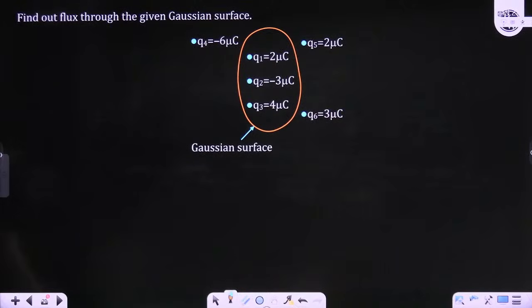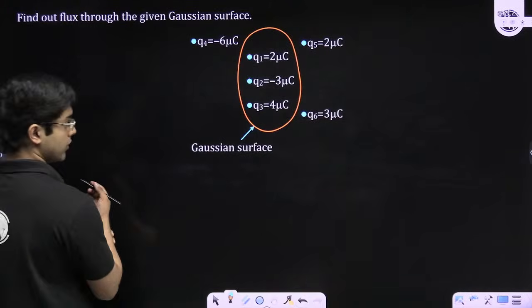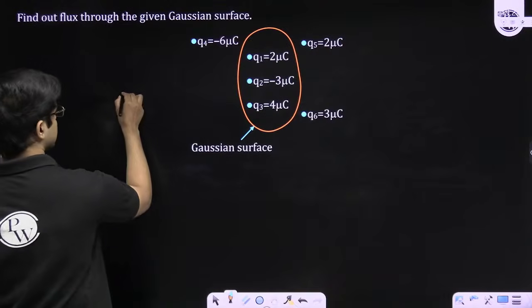Yes, so what answer are you guys getting for this question? You can just answer in terms of epsilon naught. You don't have to substitute epsilon naught.